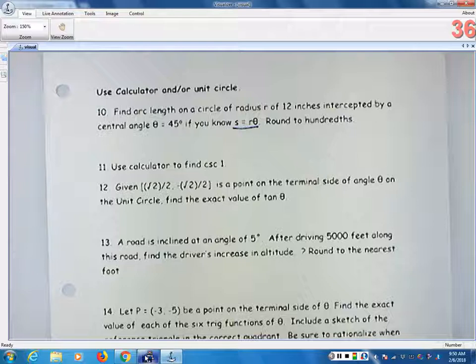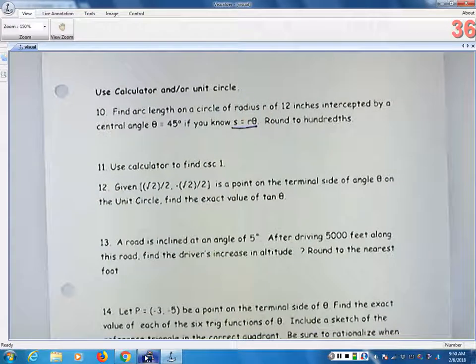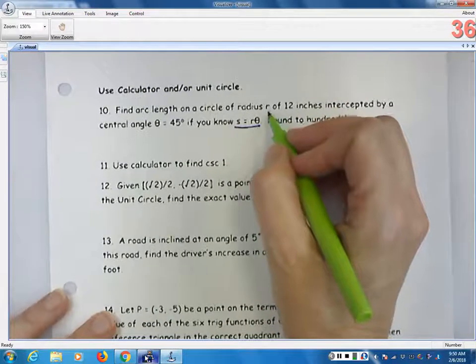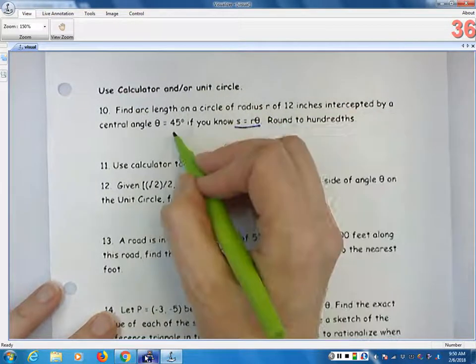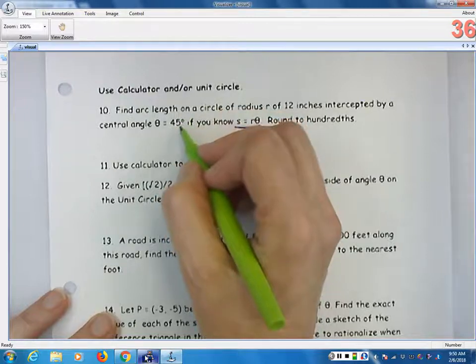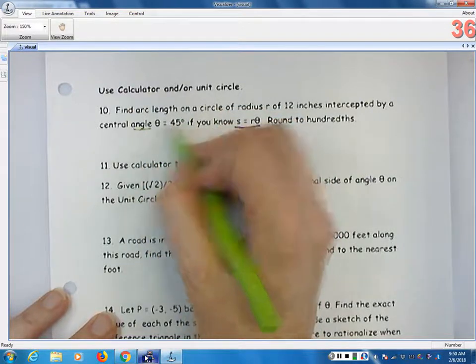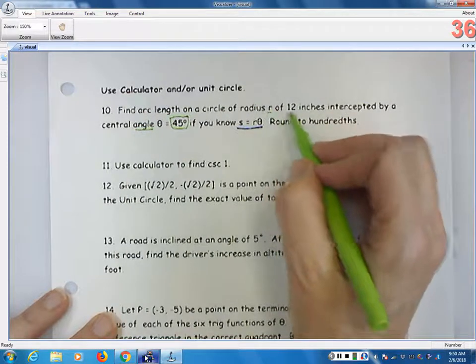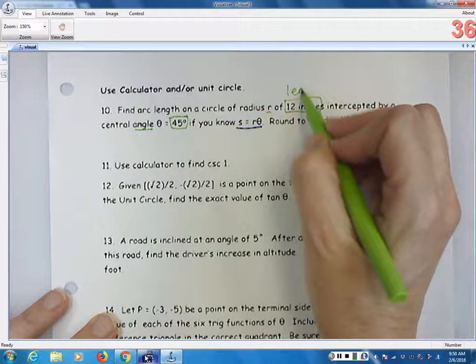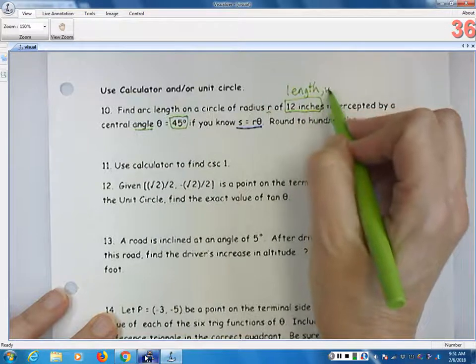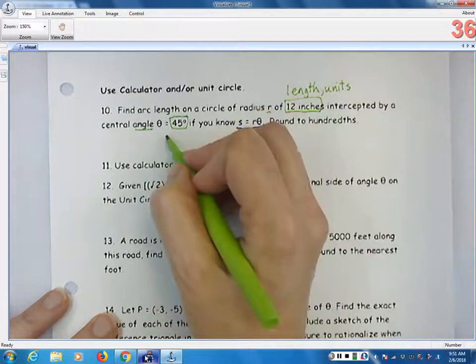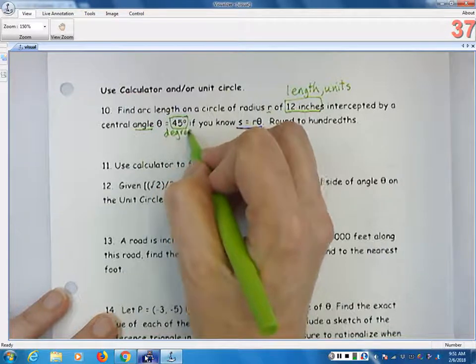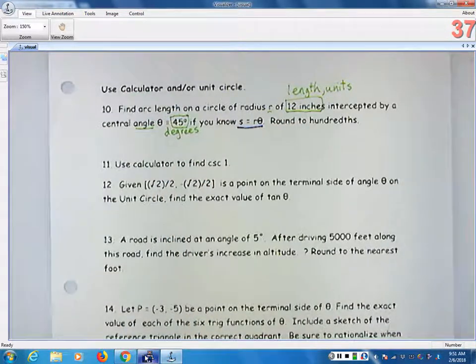I'm not telling you it's R and theta, but an angle is going to be either degrees or radians, and the radius is going to be a length, with units of length. I'll tell you this is going to be in degrees. I'm going to give you the angle in degrees.